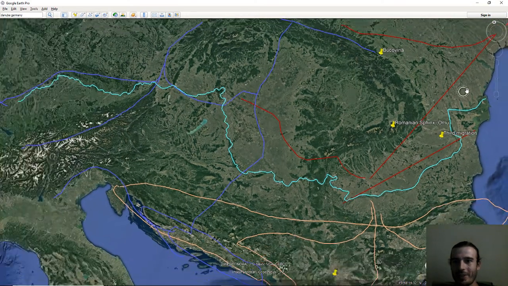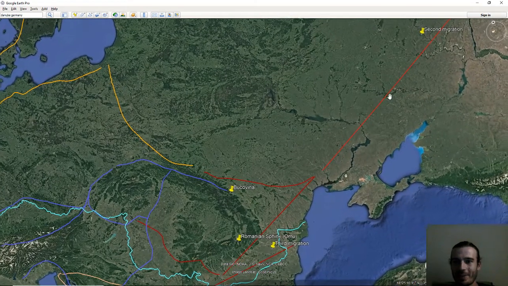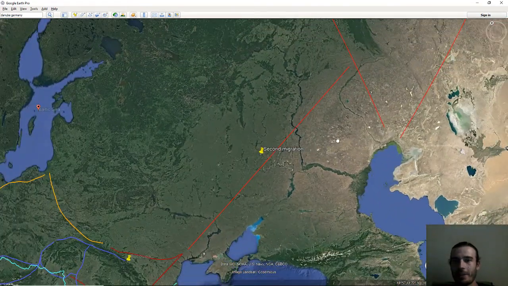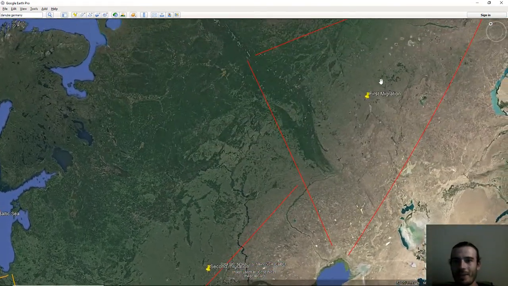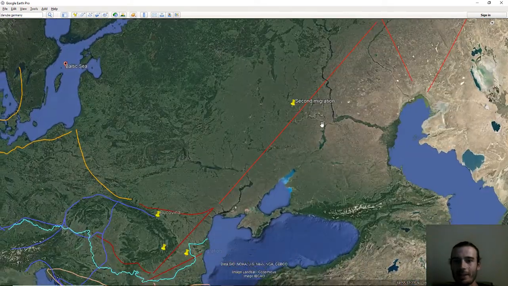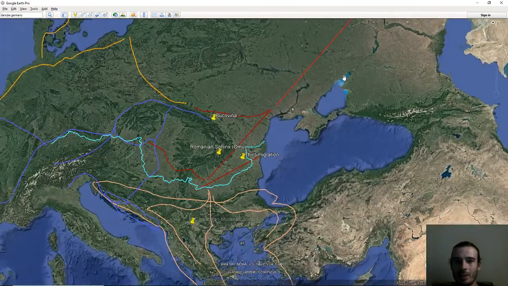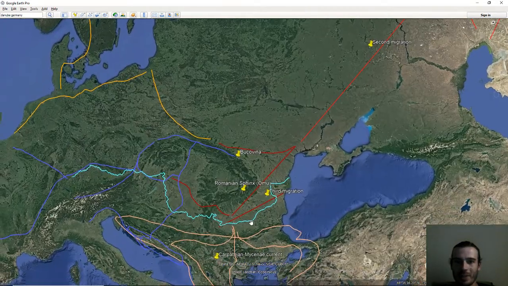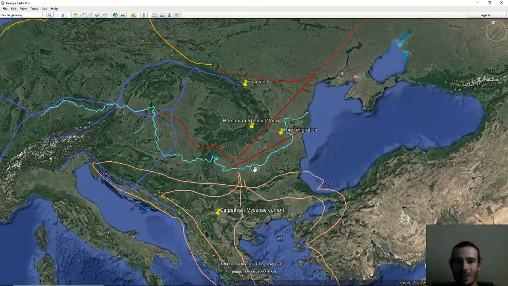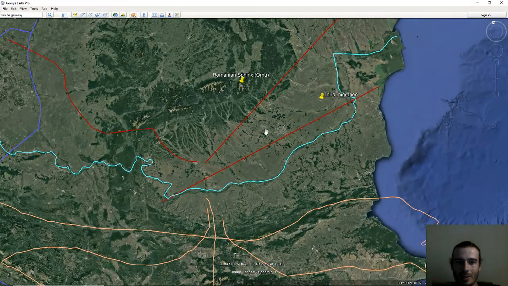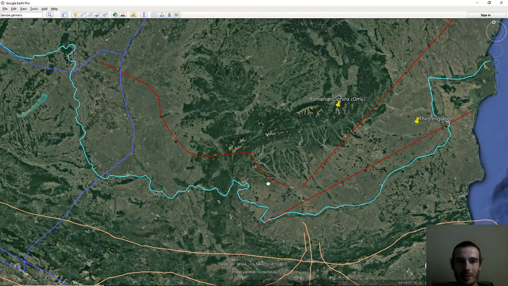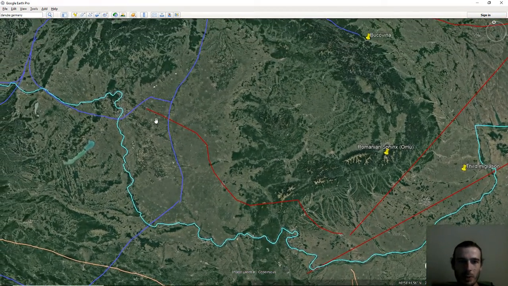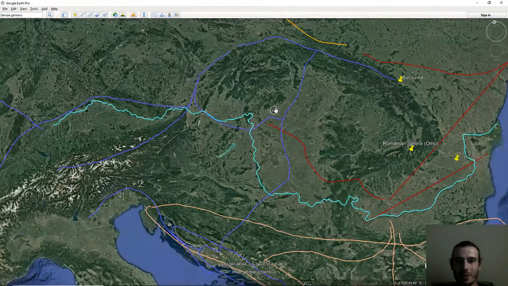So the light red first represents the first migration from the Altai all the way down to the second migration, which took place towards this area, which is between the lower Danube and the Carpathian Mountains. And then from this point, they went towards the middle section of the Danube.